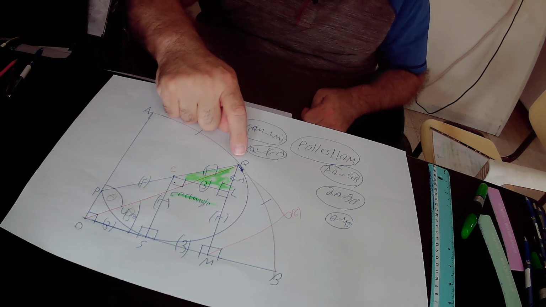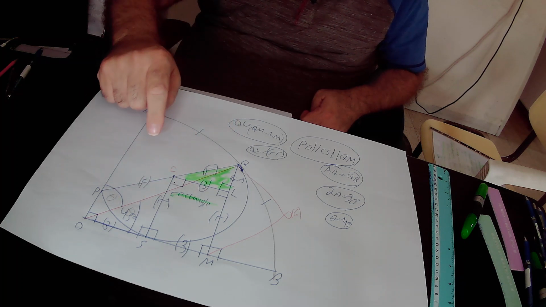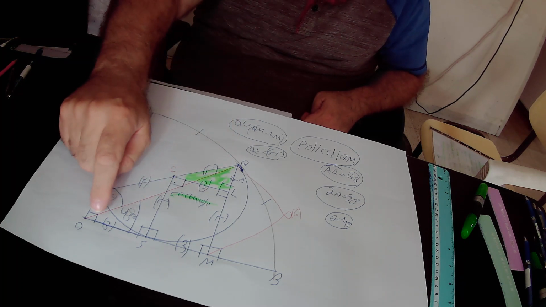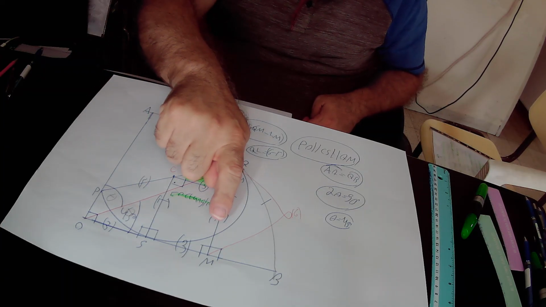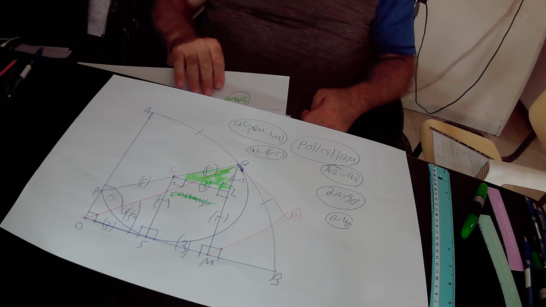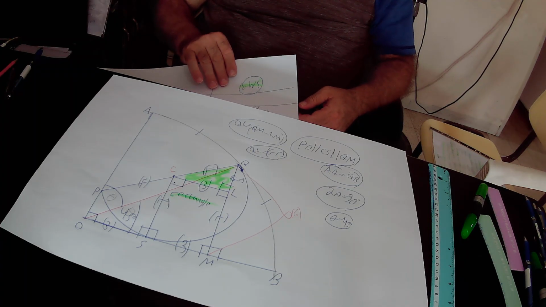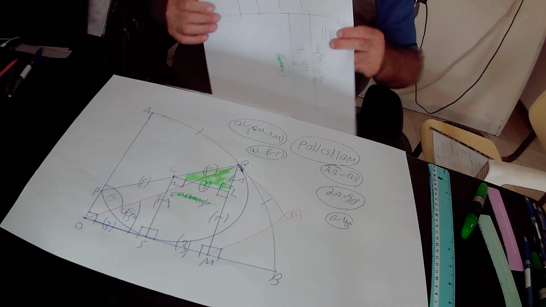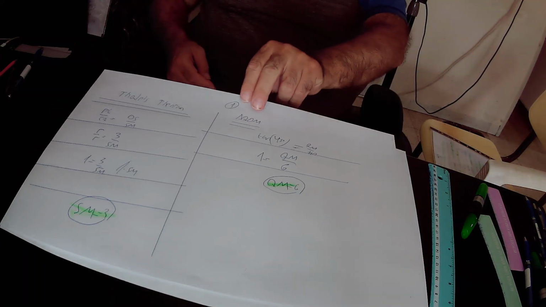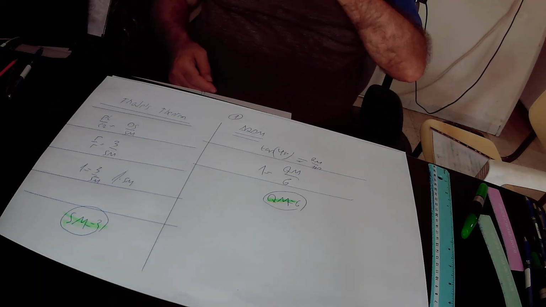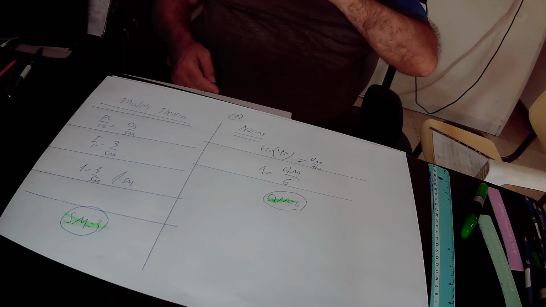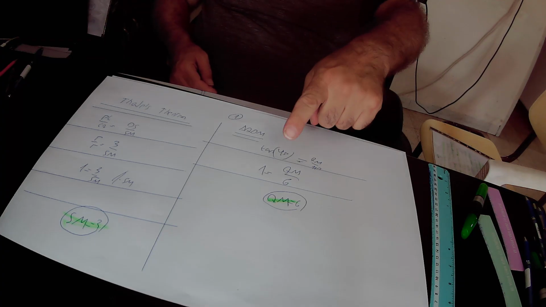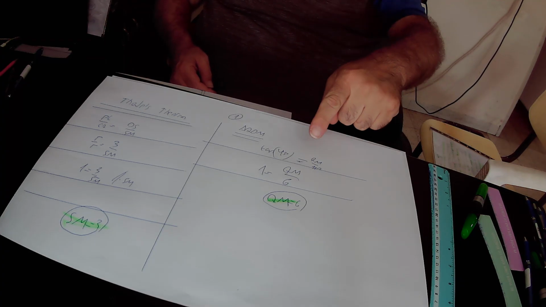So in the right triangle QOM, tangent of 45 degrees equals QM over MO. Tangent of 45 degrees is 1, so 1 equals QM over MO.